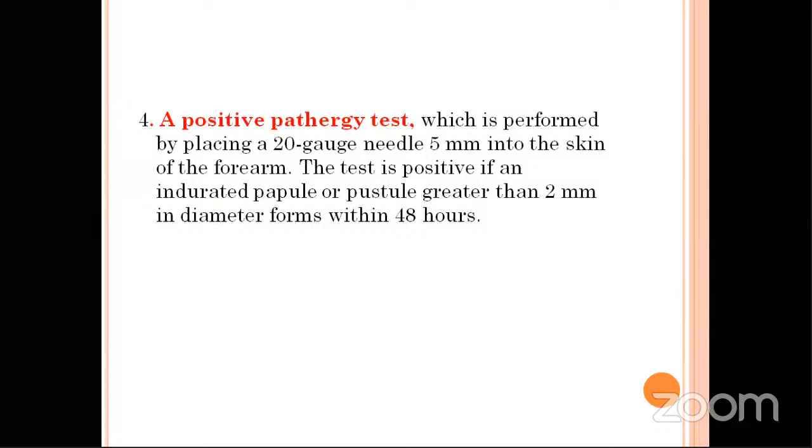A papule is a raised or elevated appearance of the skin, and a pustule is a collection of pus. This appearance is seen in about 48 hours, and the dimension will be 2 millimeters. So when all this is positive, then you can give a diagnosis of Behçet's syndrome. I'll take a break for 2 minutes, the time is 12 o'clock, and I'll start again at 12:05.